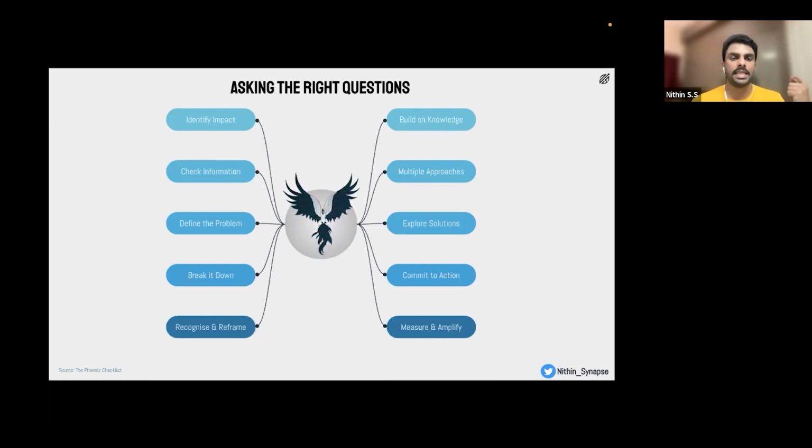And then we recognize and reframe in order to get it in a way that we can measure and amplify the overall progress on how we are testing, how well we are testing, how much coverage we have in terms of a certain thing which we are focusing on, and also how many valid scenarios we discuss and how many ambiguities we clarified in terms of the requirement which was very roughly given to us.